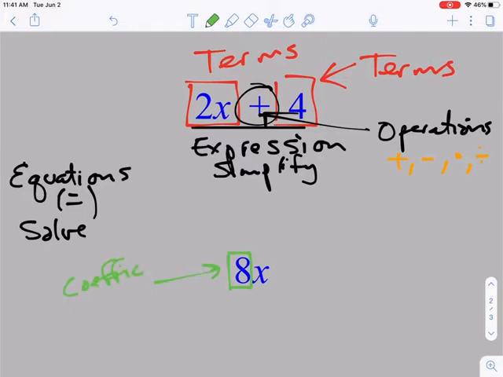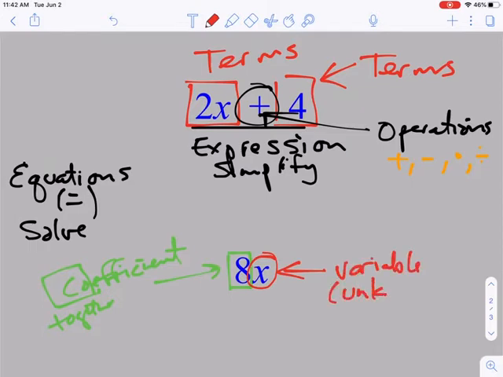Now the Greek and Latin root word co means together, so it works together with it. So the 8 is together with the x, and the coefficient basically explains how many of the x's we have. So x is a variable, that's the other big term we've got to talk about. X is my variable, and a variable is an unknown quantity.